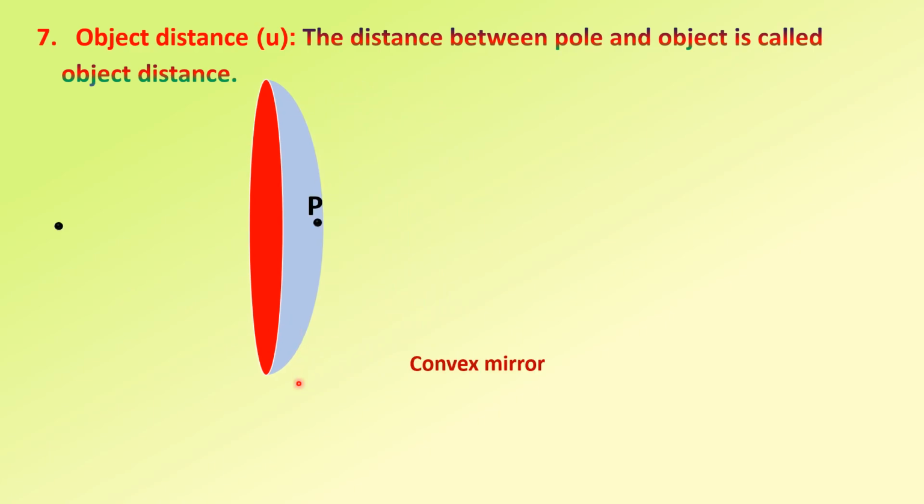P pole, C center of curvature, F is the focal point, and we have to place the object this side, not this side, because this one is the reflecting surface. So here I am placing a candle. Now if you measure the distance from P to this object, it gives the object distance.